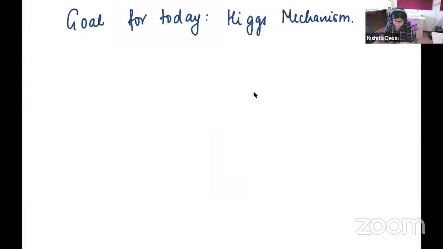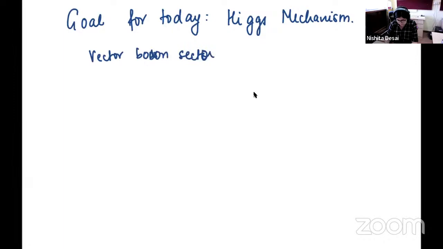To understand that, we have to understand something called the Higgs mechanism. It's going to be a longish story. What the Higgs mechanism essentially does is connect this vector boson sector with the scalar boson.